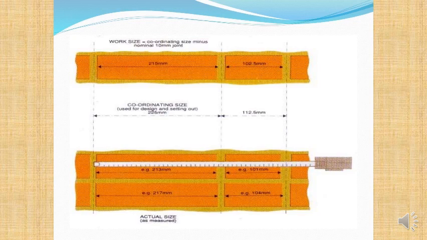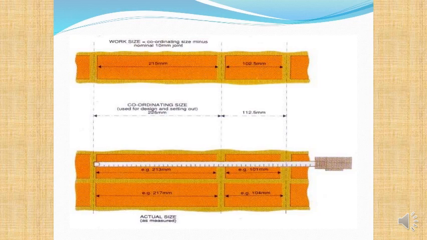So once we allow for a mortar joint of 10 millimeters between each block, now you can see that the header length is actually half of the stretcher length. And that helps us arrange our blocks in different ways and different bonds.